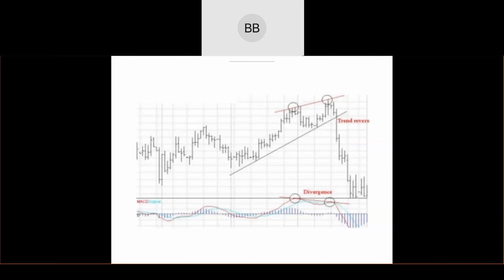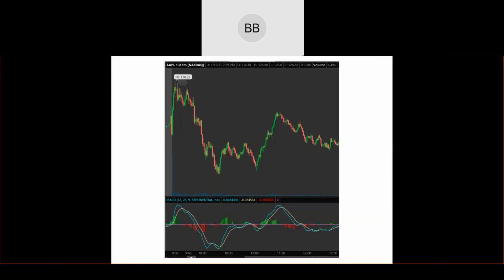Sorry, Venkat, can you go back to the previous slide? So MACD is moving average convergence divergence, correct? Now the two line graphs, they are moving averages, correct?